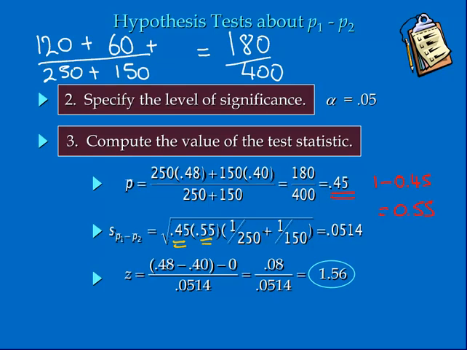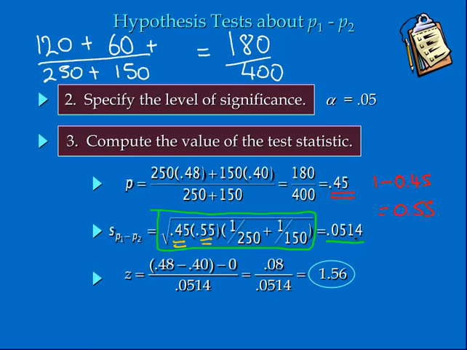Now the sample sizes are 250 and 150, so we evaluate them like that, 1 over 250 plus 1 over 150. Working all of this expression out together, we get an answer of 0.0514.